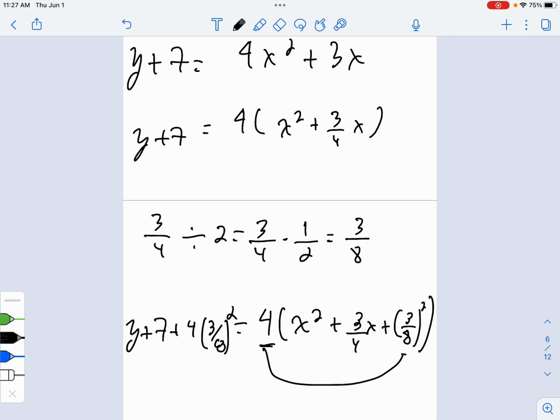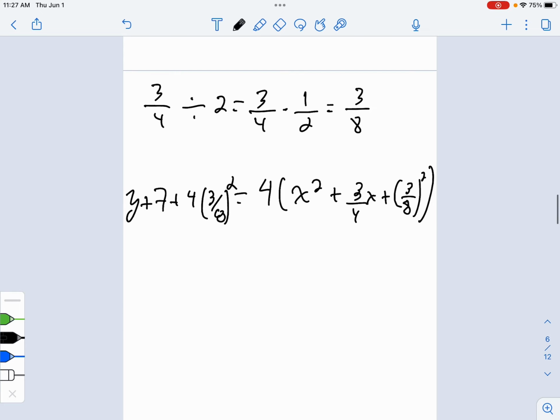The way to check all your work here is to distribute the 4 back, and you would have an extra term of 4 times 3/8 squared. So I have to add that to the other side. And one more thing I wanted to mention is that at the end of the day, all we're doing is just rewriting the original equation in a new form. I'm not actually adding anything different to it.